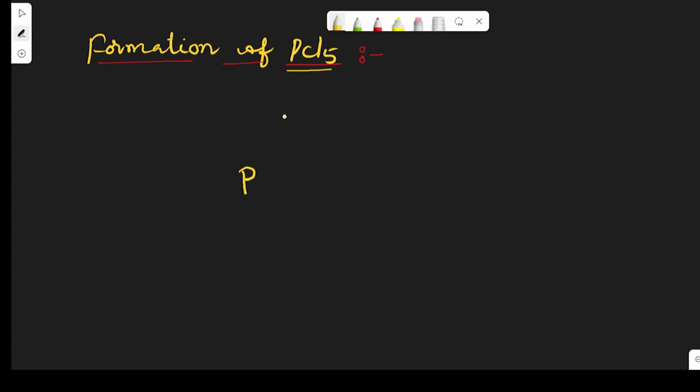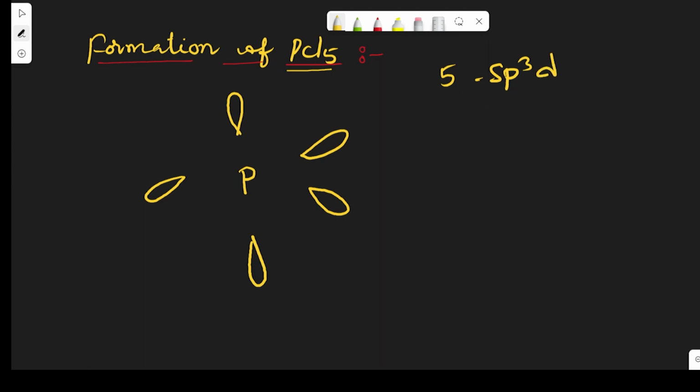Here there are 5 new sp3d hybrid orbitals: this is the first one, second one, third one, fourth one and fifth one. These are the 5 sp3d hybrid orbitals phosphorus contains, each with one electron.